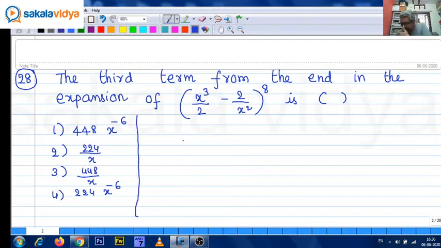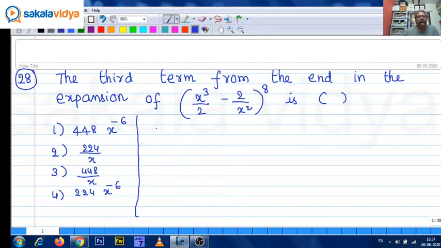Now this time we are not asked to find out the third term directly. We need to find the third term from the end. The rth term from the end is given by the n minus r plus 2 term from the beginning.